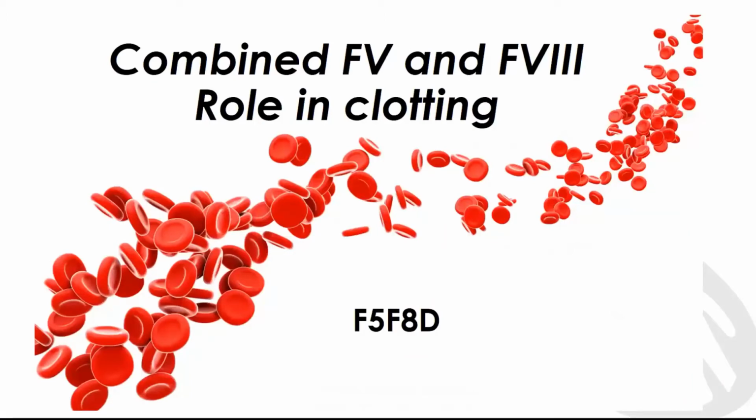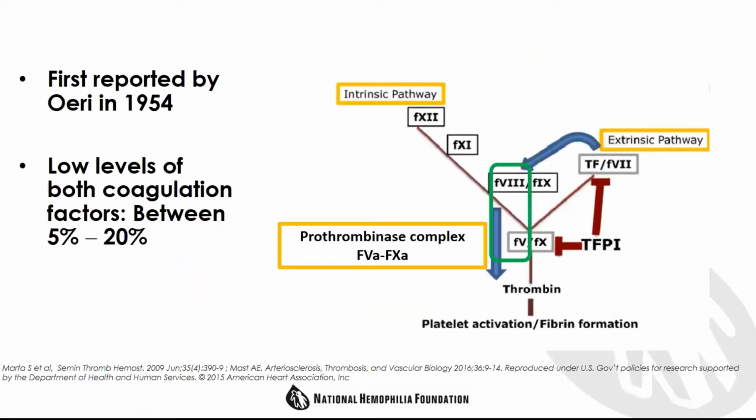So let's move on to the next factor V deficiency, which is combined factor V and VIII. Let's talk about the role of factor VIII in the clotting cascade. As I'd mentioned, factor V has an important role in generating thrombin.